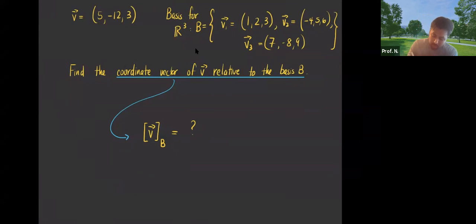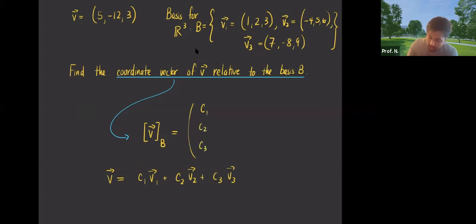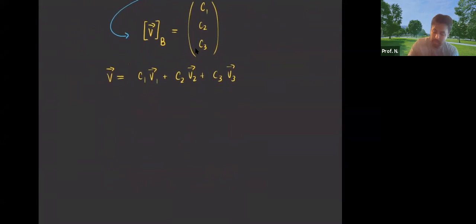We're saying v is a linear combination of the basis vectors, so we get c1 v1 plus c2 v2 plus c3 v3. What we're looking for is the coordinate column vector c1, c2, c3. We're looking for those values.